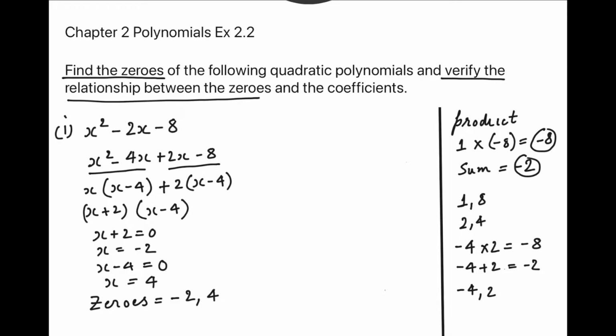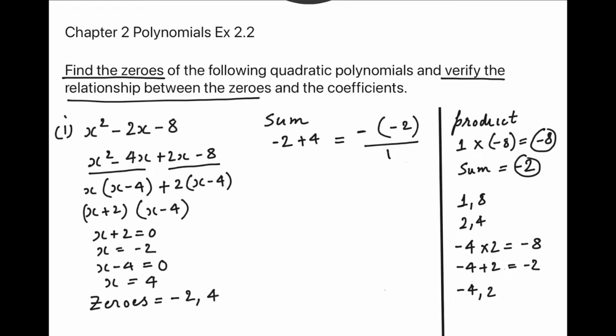So the first thing is we need to verify the sum of the zeros. So the sum of the zeros is equal to minus 2 plus 4, which should be equal to, and we know that the sum of the zeros should be equal to minus of the coefficient of x, so the coefficient of x is minus 2, divided by the coefficient of x square, which is 1.